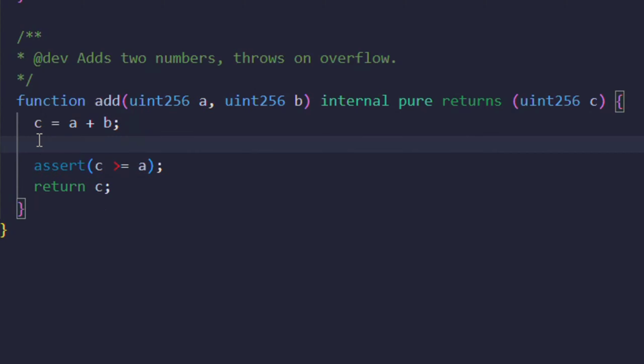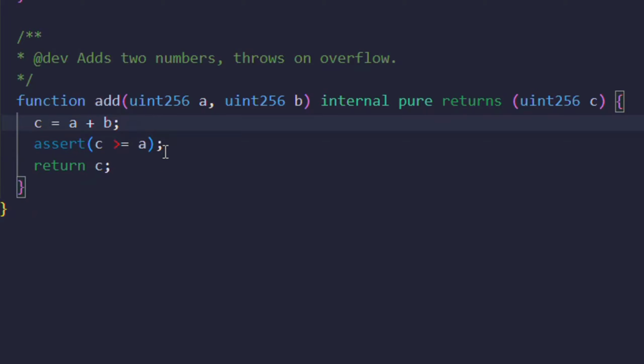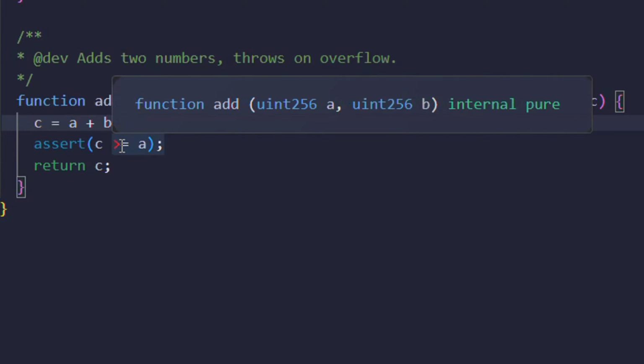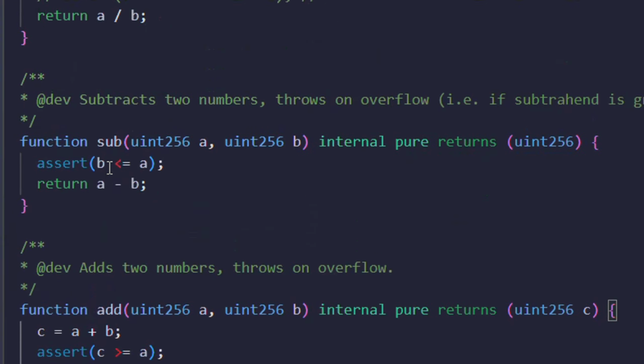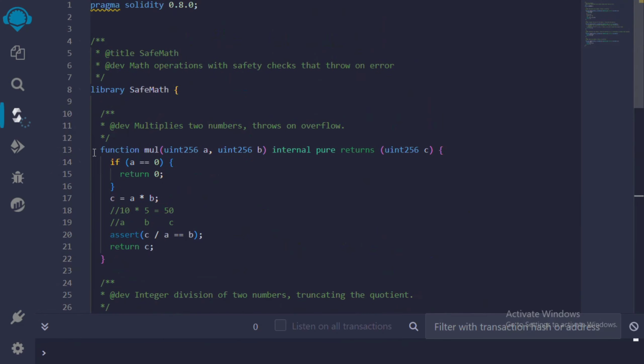If it is not greater than a, because it's a that they used, please fail this function. That's what this assert is saying. And if the test passes, then we are going to return c.